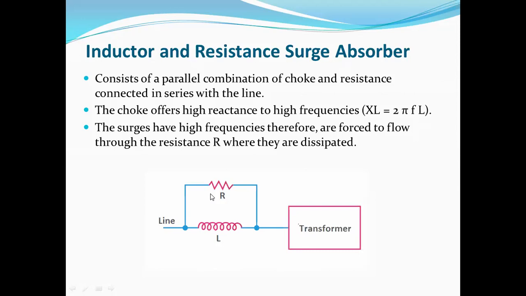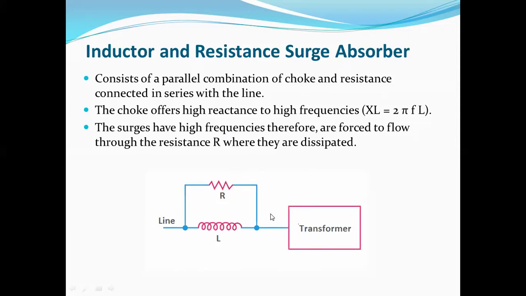The other path provided here is one resistance connected in parallel. Now through that path your current will flow towards the earth, okay. So that is absorbed by this surge absorber, the inductor and resistance surge absorber. Here we are simply connecting different equipment: the capacitor, inductor and resistance, okay.